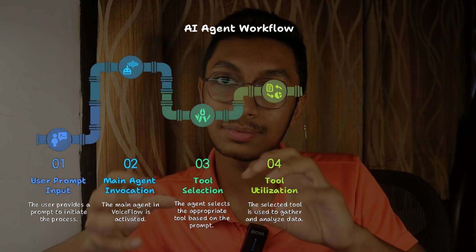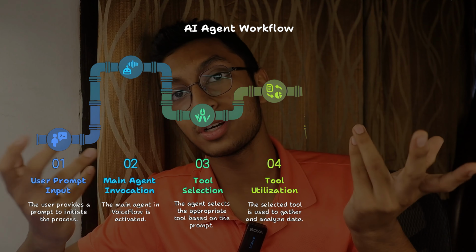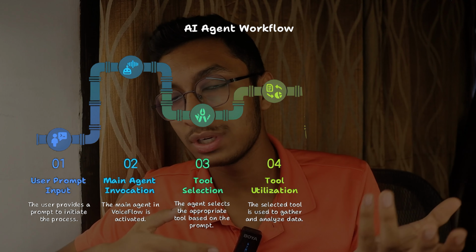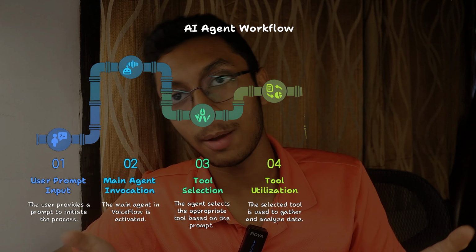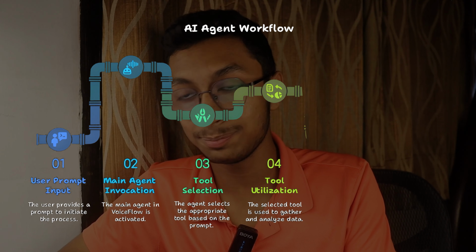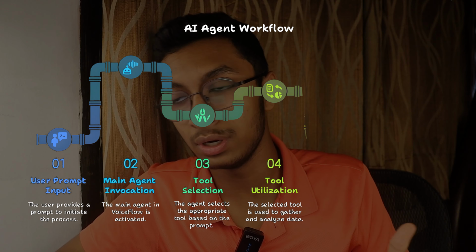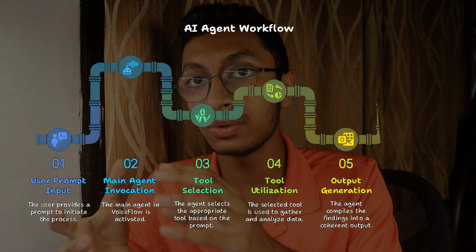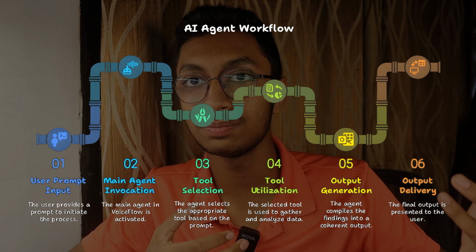And it uses them according to its need and the user's prompt. If the user has not asked for past ad analysis, it will not run the meta ad analyzer tool. It will just run the research tool. And after using the tools according to its need, it sends the output to the user. As simple as that. So this is the whole thing that the AI agent is doing.